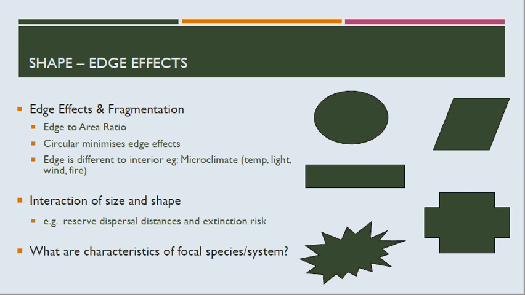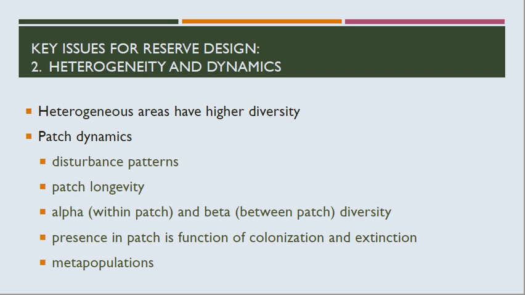Alright, heterogeneity and dynamics. Heterogeneous areas will tend to have higher biodiversity, but then they will tend to have more metapopulation dynamics or patch dynamics within them than homogeneous areas. So there will be disturbance patterns.